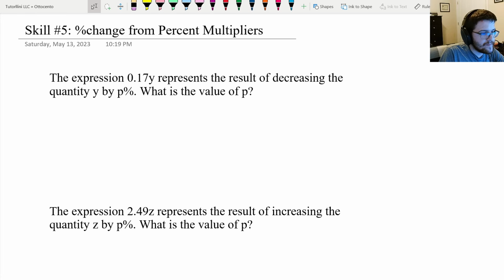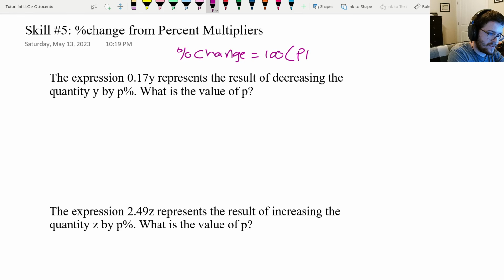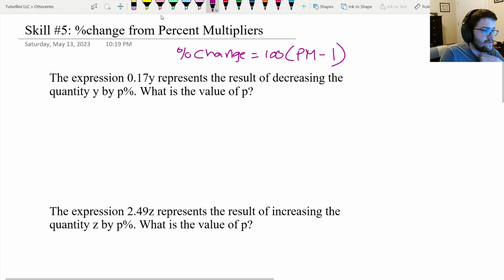All right. So we're just going to practice doing what we just did. Remember, everybody, the percent change is equal to 100 times the percent multiplier minus 1. Okay, so this 0.17 is just a percent multiplier.